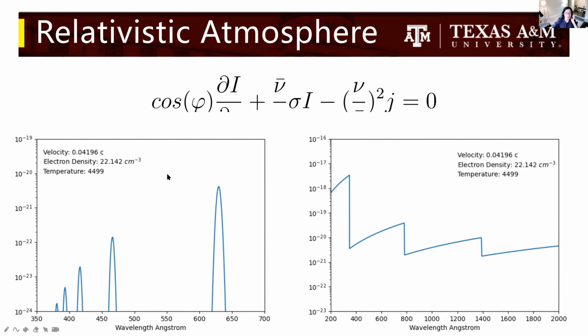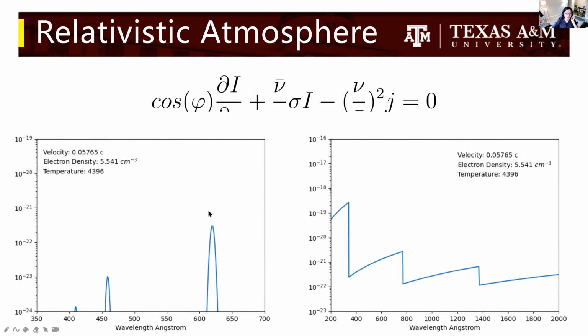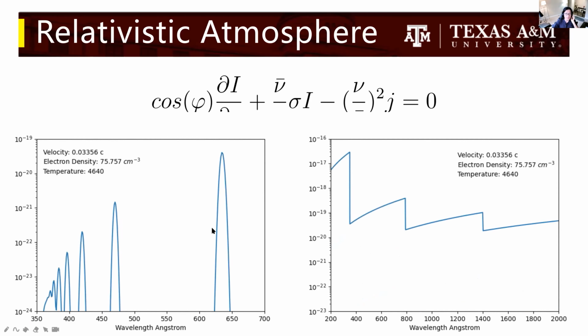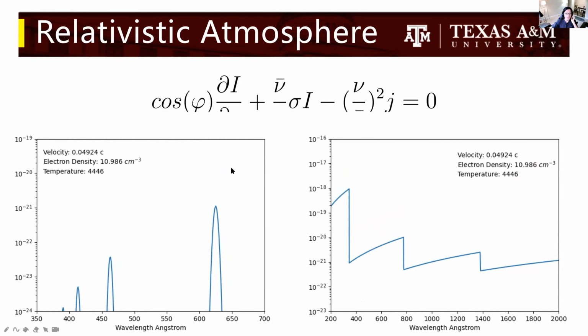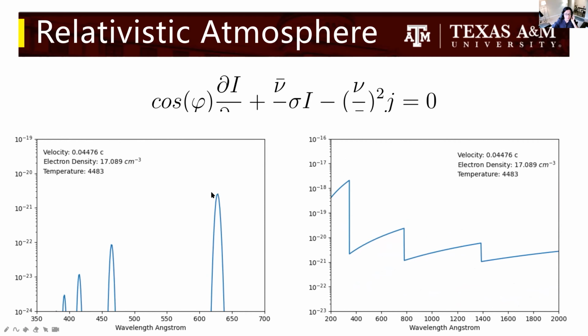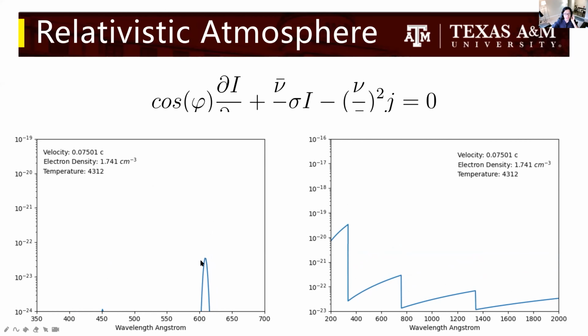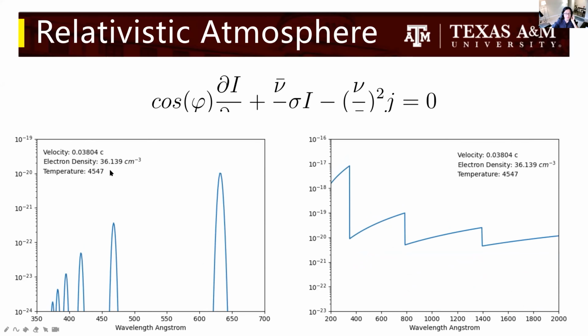And in this animation, we showed the absorption term of the bound-bound transition in the left column and the bound-free transition in the right column. The bound-bound transition is related to atomic lines. And because of the velocity, we can see the line is being blue shifted with the increase of velocity. And the line strength is changing with respect to the time and the density.